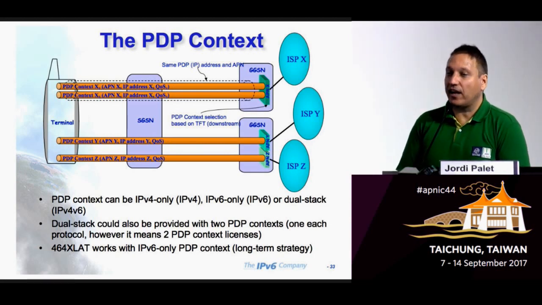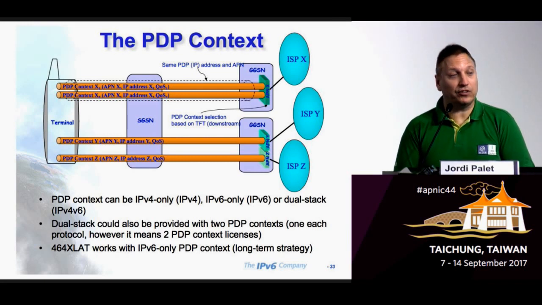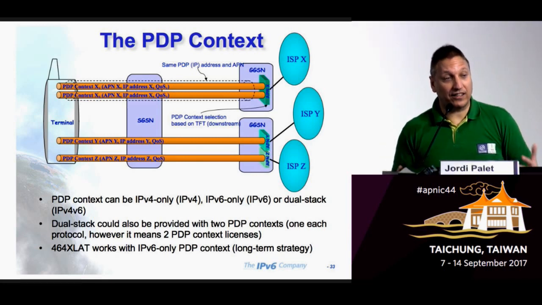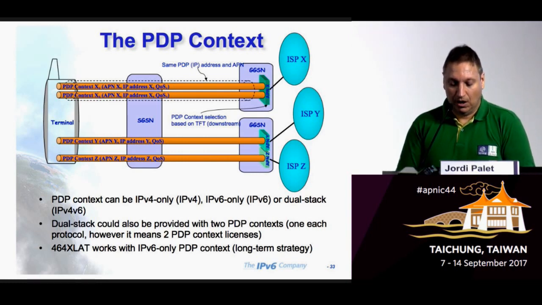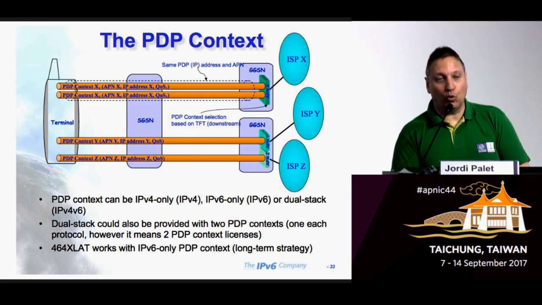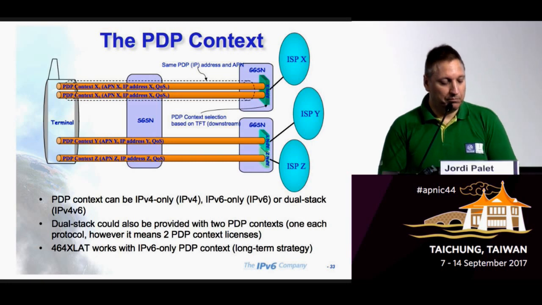And to have dual stack, you have two ways. You either have two PDP contexts, one for each stack, which means using two licenses, because usually you pay for the PDP context licenses to the vendors, or you can have a pure dual stack PDP context, which is called IPv4v6. Okay?